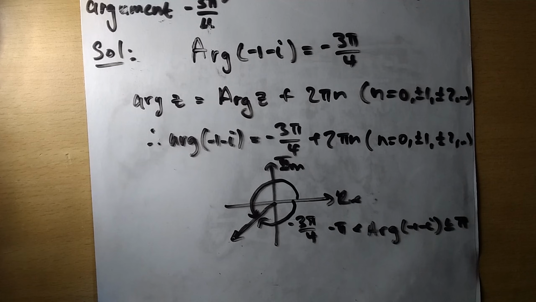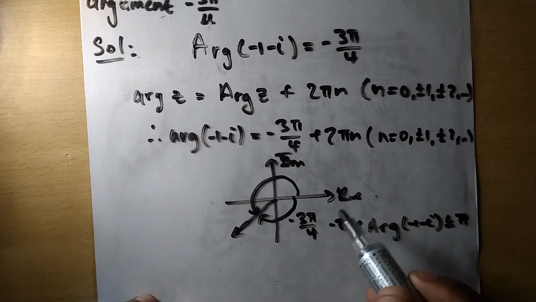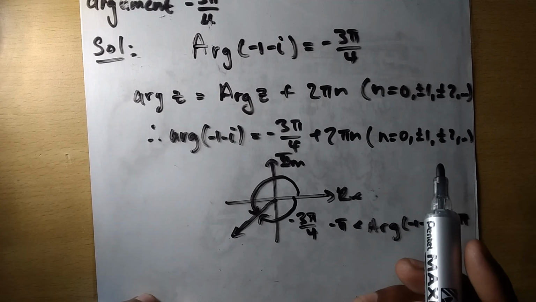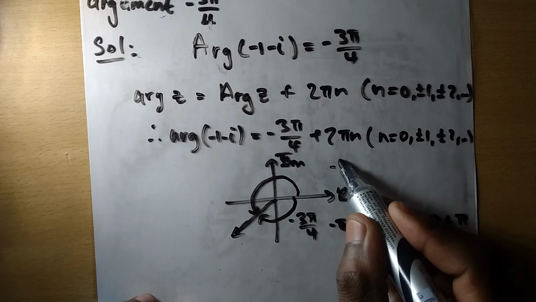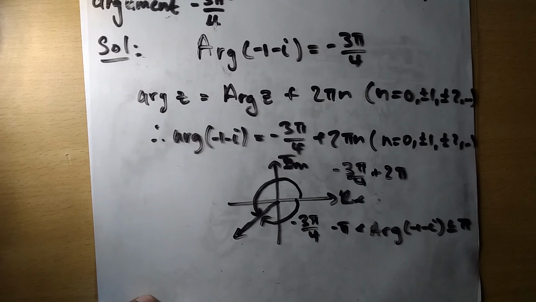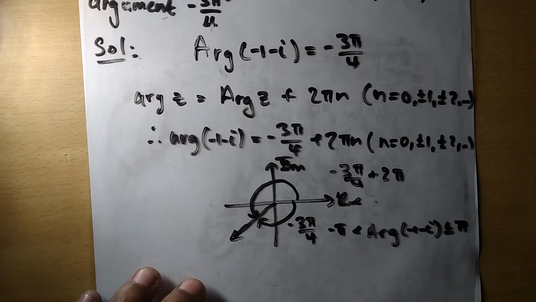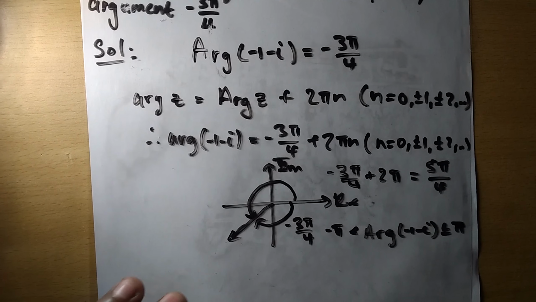Now this is what happens. The angle that I'm going to have here practically is just going to be this -3 pi over 4 plus 2 pi. Now that angle is 5 pi over 4. Somebody might ask why.